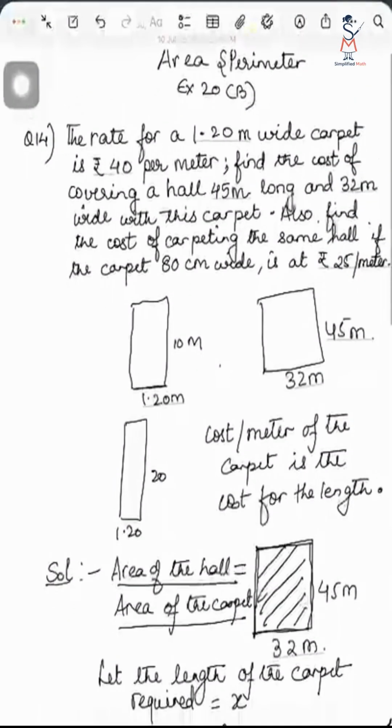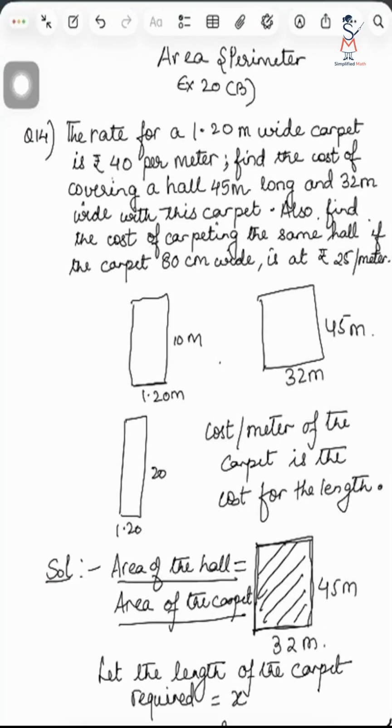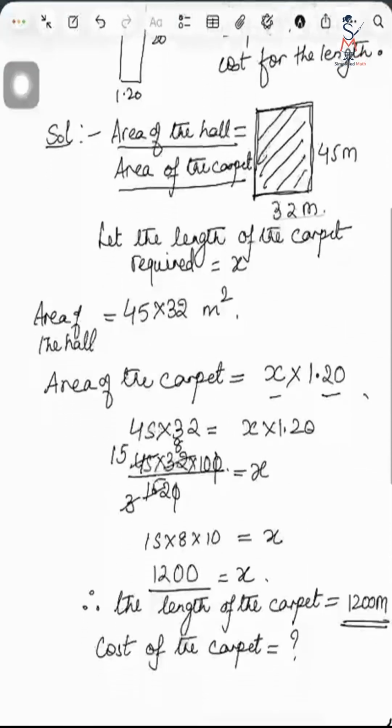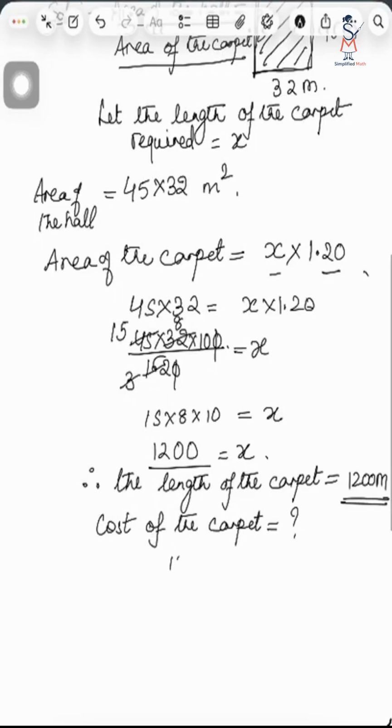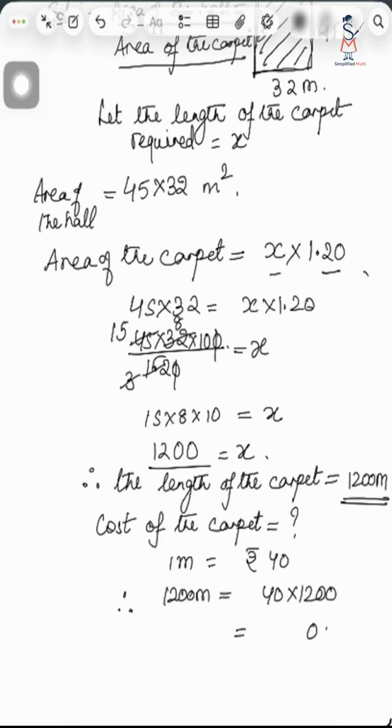It is rupees 40 per meter. So 1 meter costs you rupees 40. Therefore 1200 meter will cost you 40 into 1200, which is 48,000 rupees.